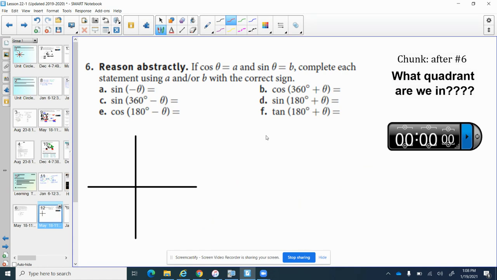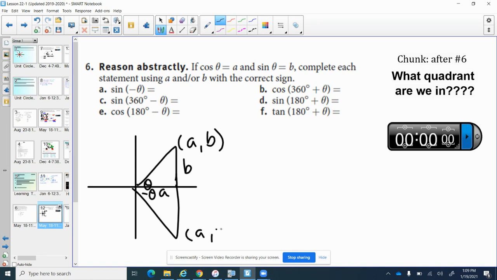So part 6 on the top of page 295 talks about if cosine of theta equals A and sine of theta equals B, what would be happening for each of these? So I like to think about this again if we're looking at part A. If cosine is A and sine is B, it's almost like in quadrant 1, here's theta, we're at A comma B, or X comma Y, because cosine is A, sine is B. So at negative theta, this value here, we just moved clockwise.